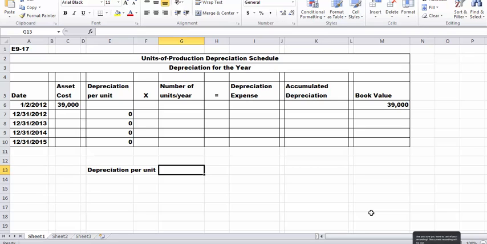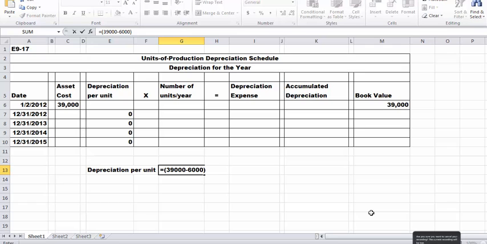All right, so when you have units of production, the first thing you want to do is figure out what is that depreciation per unit. Okay, so let's go ahead and calculate that. You calculate that by taking the cost of the asset, that's our $39,000, subtracting out the residual value.